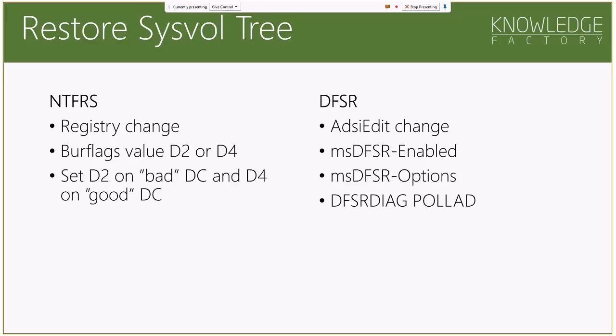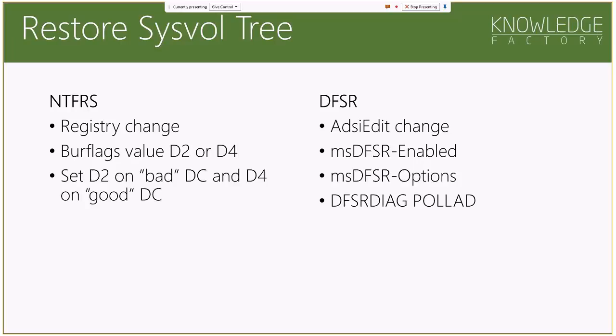You set msDFSR-Enabled to true on the rest of the DCs. You run dfsrdiag pollad on the rest of the DCs. If you do a non-authoritative restore, equivalent to D2, on the bad DC you set msDFSR-Enabled to false. You force replication. You run dfsrdiag pollad, set msDFSR-Enabled to true. Then you run dfsrdiag pollad again.